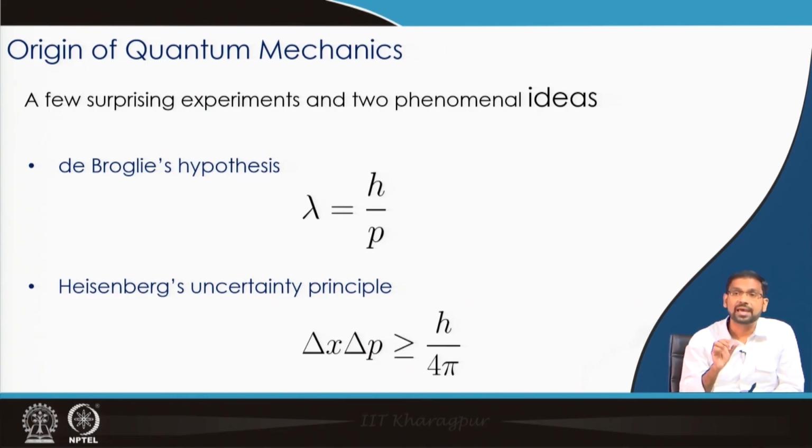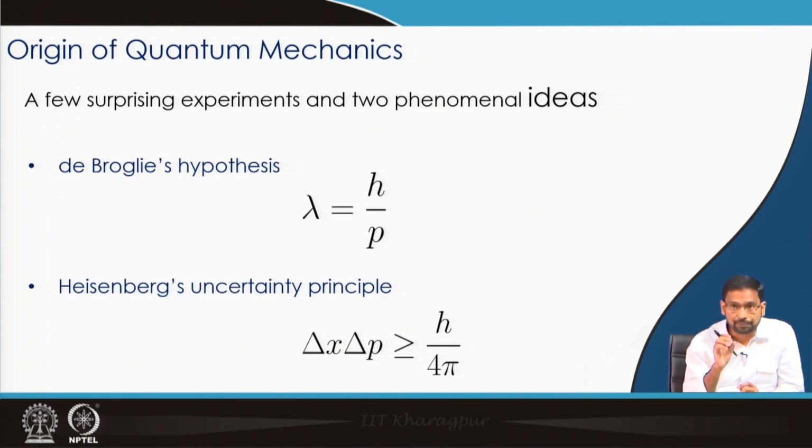They would have to follow a minimum uncertainty. This minimum uncertainty is given by h by 4 pi. So the uncertainty has to always be greater than this value. Now you can classically imagine this, because when you try to locate a particular particle in space, you would probe it with a certain wave, a light with a certain wavelength, and the wavelength of that light with which you are probing the position of the particle must be very small so that you can locate the particle precisely.